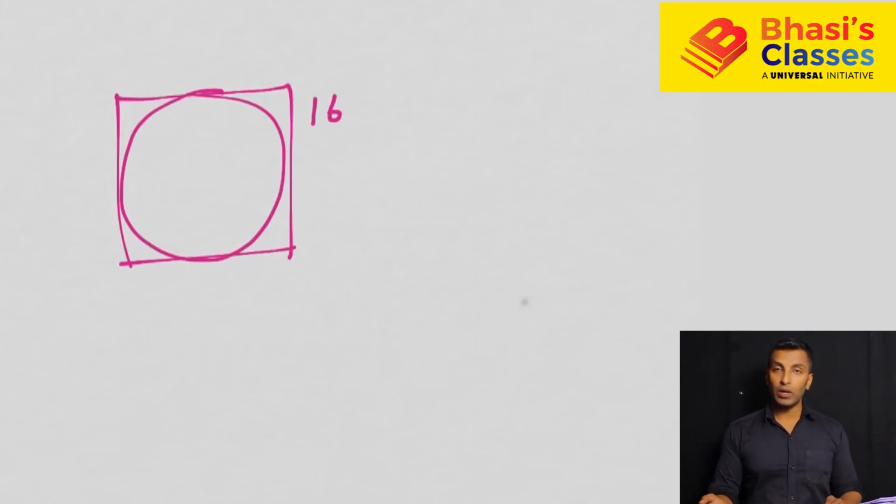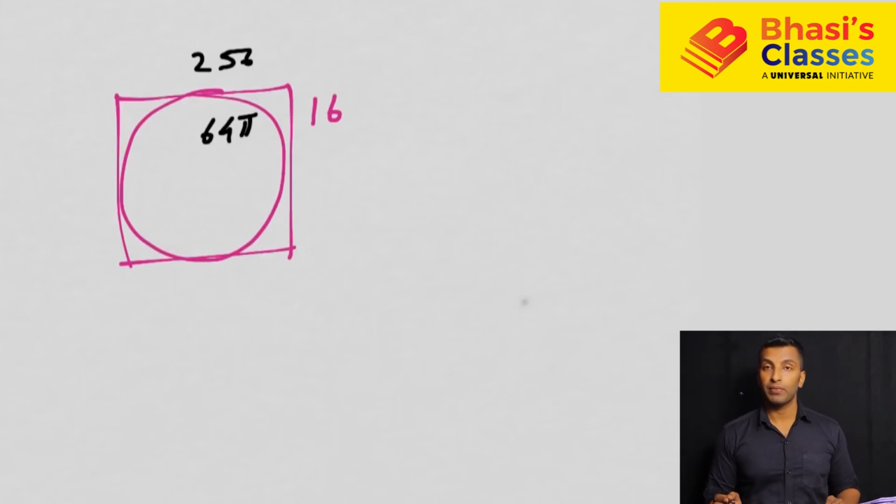So what is the outer area? This is 256. What will be the area of the circle? The ratio is 4 and pi, so divide by 4 and then put pi. That will be 64 pi. So 256 and 64 pi.